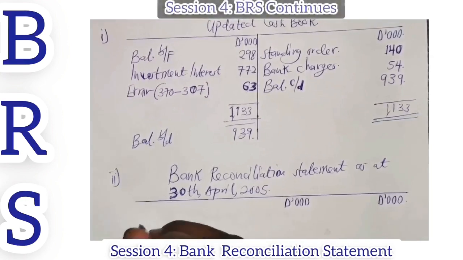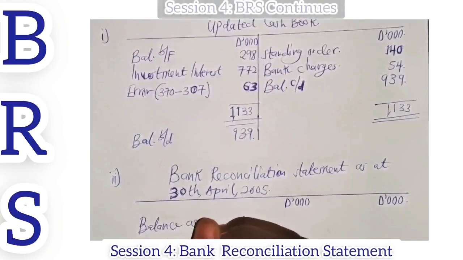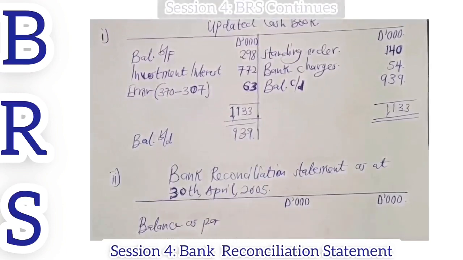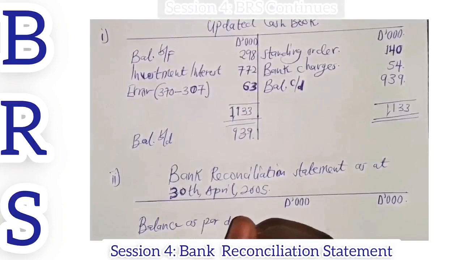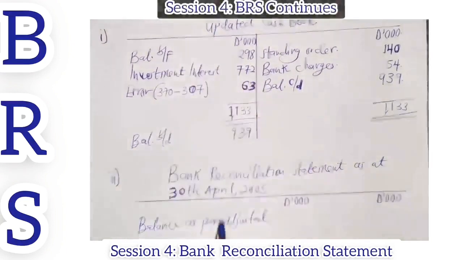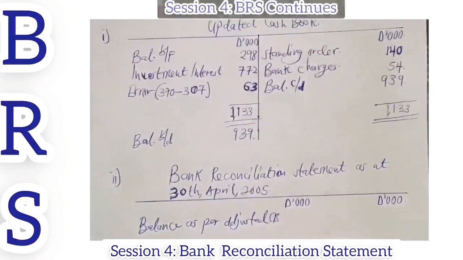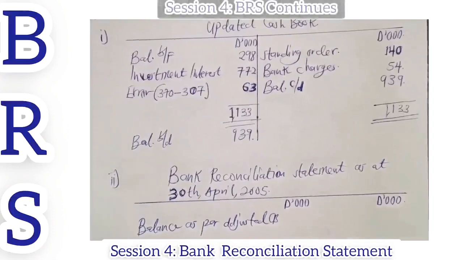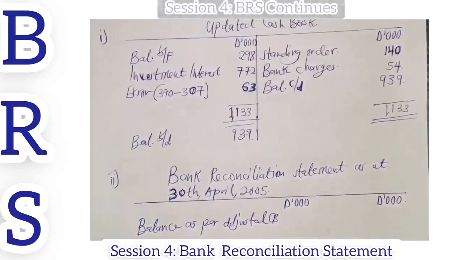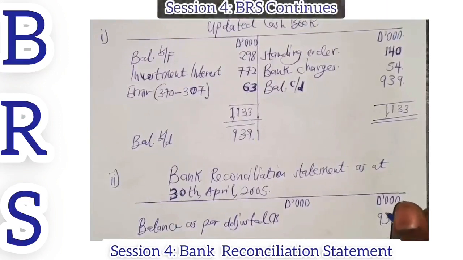So I'll write here, balance as per adjusted or updated Cashbook. I use a shortcut for it, CB. So the balance here was 939.